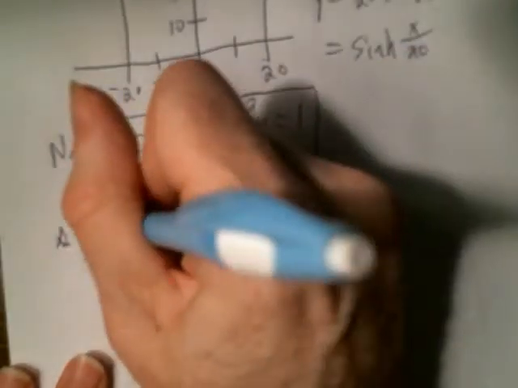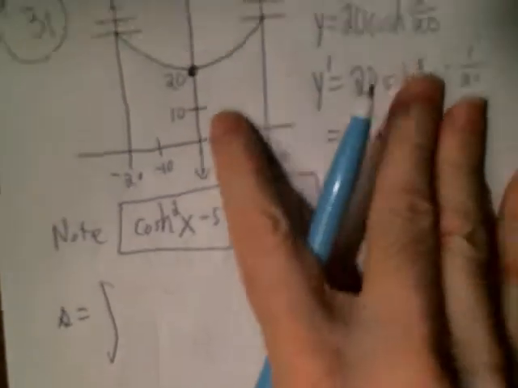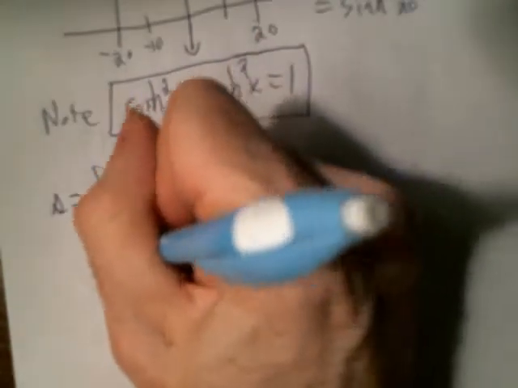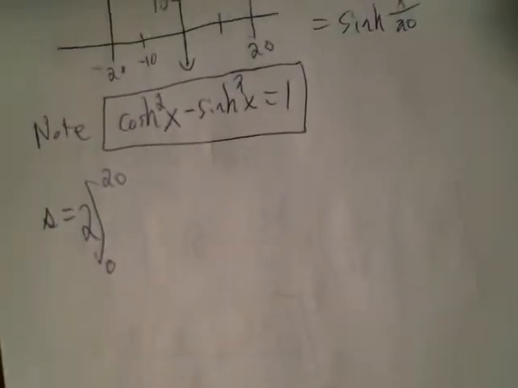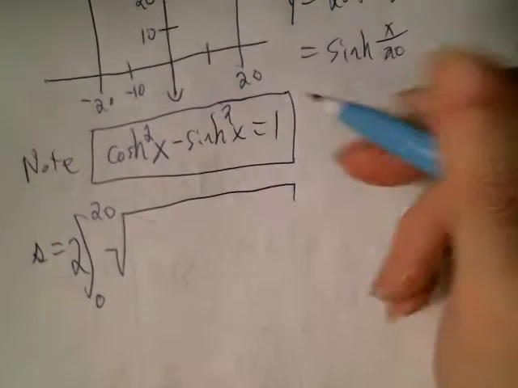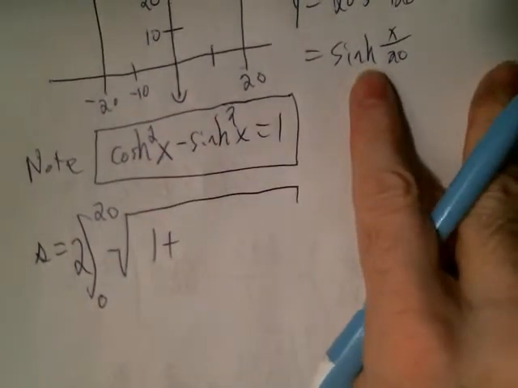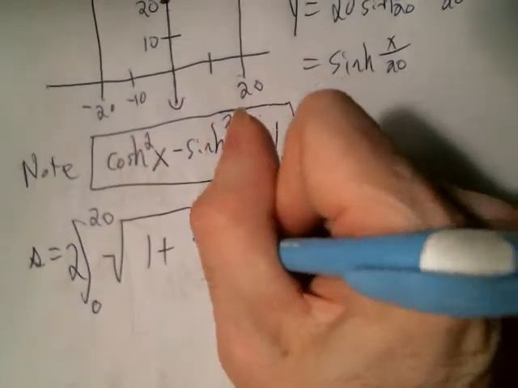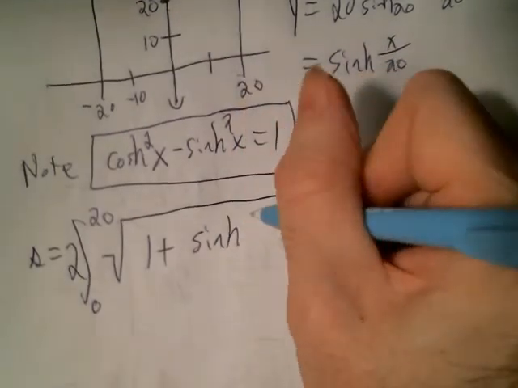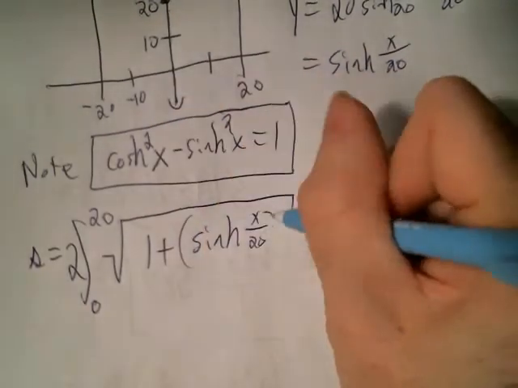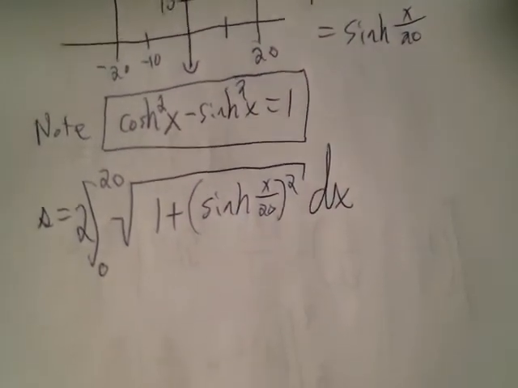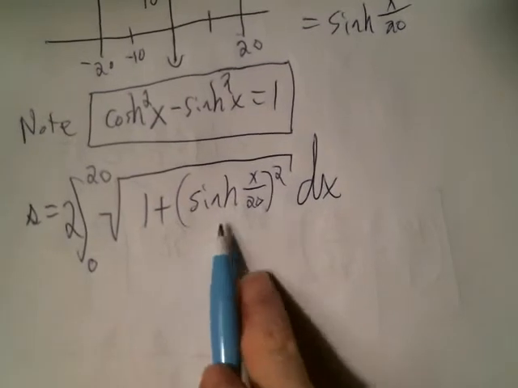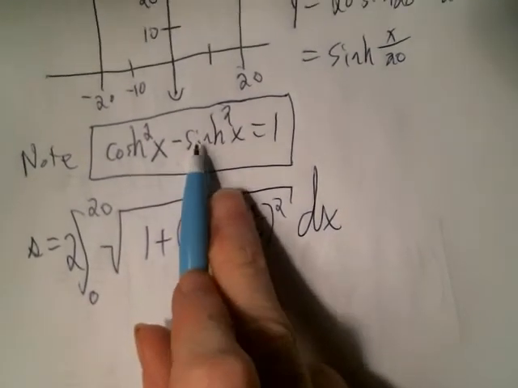Okay, fine. So my arc length is going to be the integral. And because it's symmetric, I'm going to chop it in half. I'll just go from 0 to 20 and then multiply the outside by 2. Okay. And then I had the square root of 1 plus the square of the derivative. Right? So sinh of x over 20 squared dx. Okay, so this thing I can simplify using this expression.